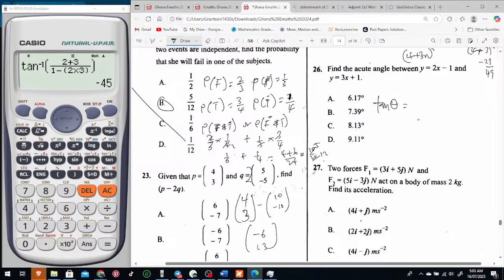Theta is equal to what? Hello. What should I learn this one now?